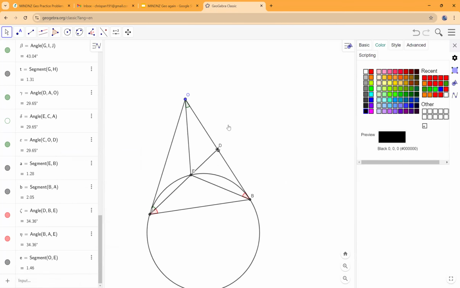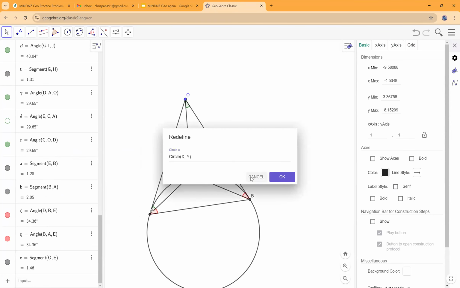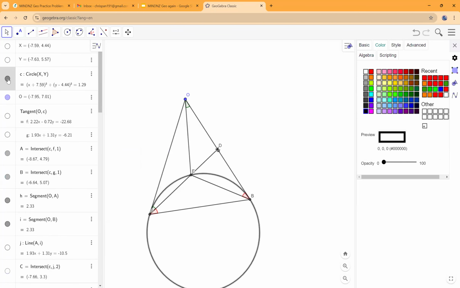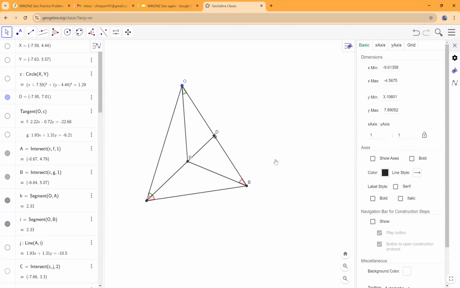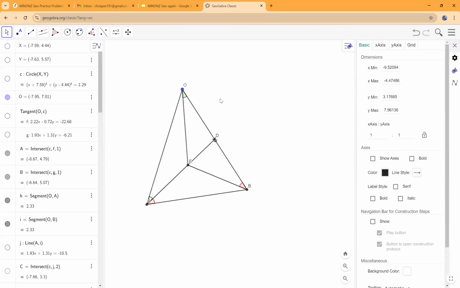In fact, even the circle is unimportant now. We've extracted all the information that we actually need from this problem. We have that these green angles are equal, these red angles are equal, and we want to show that point D splits the segment OB in half.